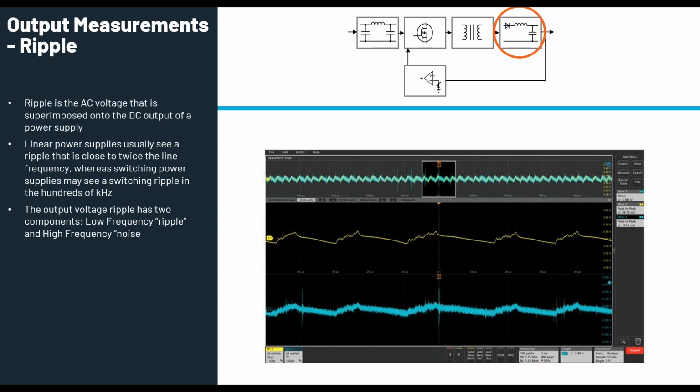There will be a ripple, which is an AC signal superimposed on the DC power supply output. We need to measure and characterize that ripple and see whether it is affecting the actual circuit after that.